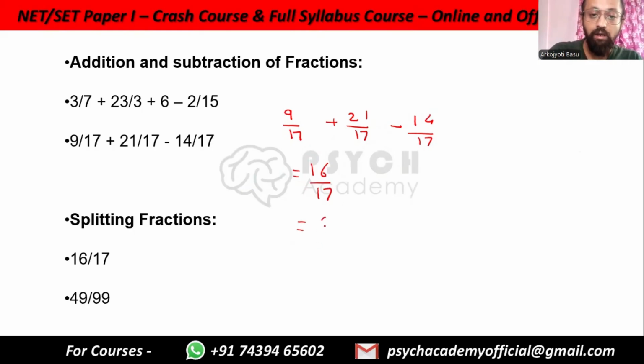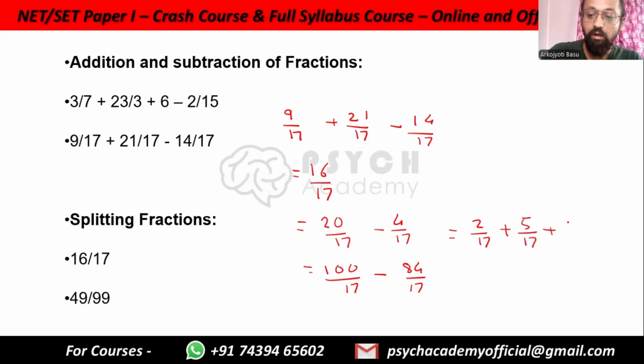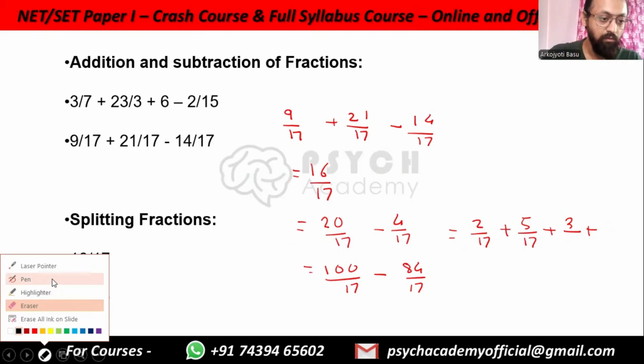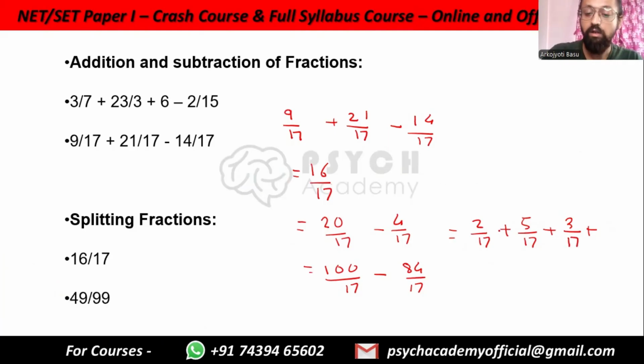16 by 17 can easily be 20 by 17 minus 4 by 17, or 100 by 17 minus 84 by 17, or even something like 2 by 17 plus 5 by 17 plus 3 by 17 plus 6 by 17.